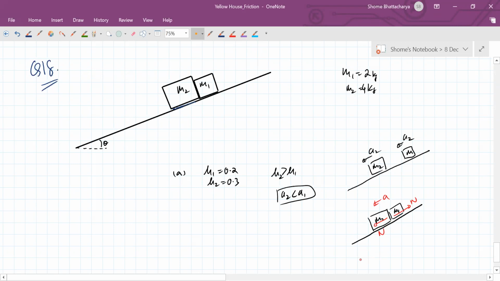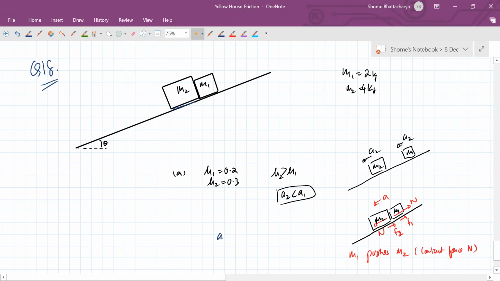Okay. So here what will happen is that M1 pushes M2 with contact force N. And on both of them, there will be friction acting backwards. So they will have common acceleration.